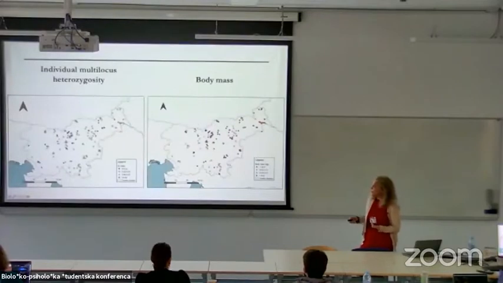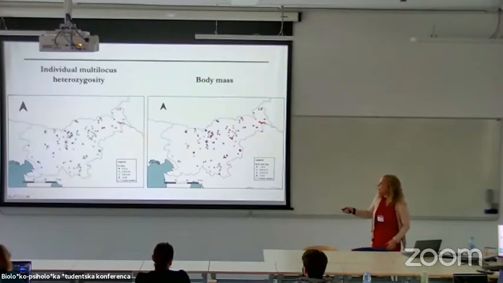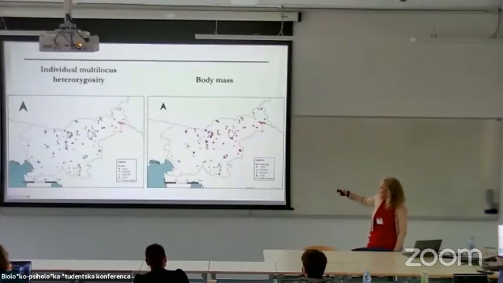And we tried to study individual multilocus heterozygosity. So for all the individuals involved in our study, we estimated the multilocus heterozygosity, and on the other figure, you have the body mass. And you can see that these red parts are a little bit more present here, as the body mass in this region is higher.